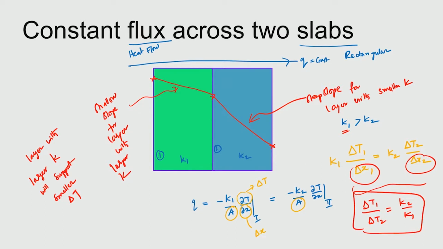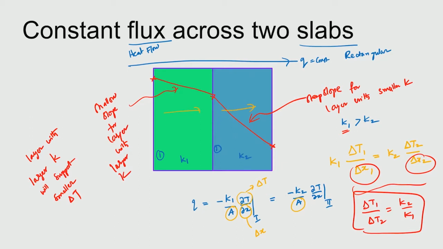So, this is a straightforward conclusion that we can draw from the steady state heat flux balance, assuming that the heat that is arriving from the left, the same amount of heat is also going. So, there is no accumulation of heat at the interface.